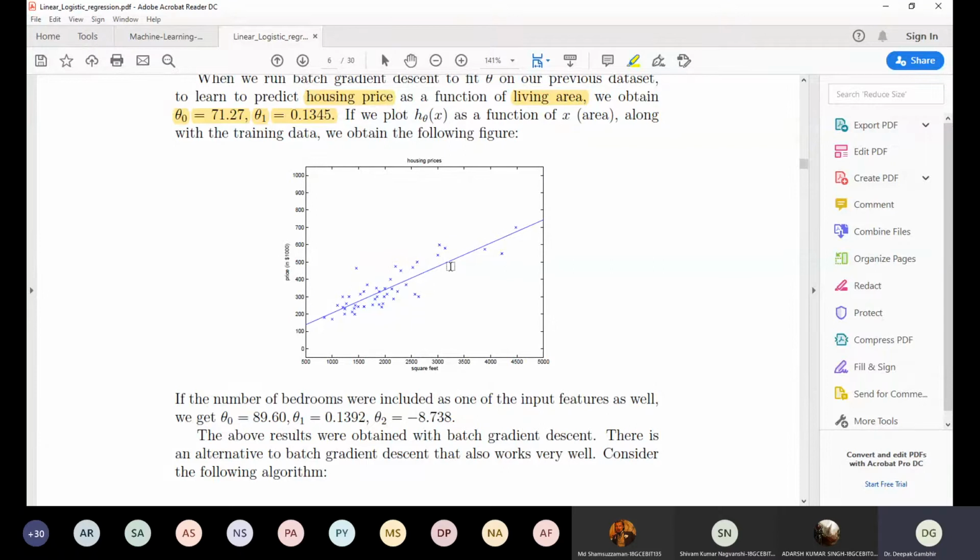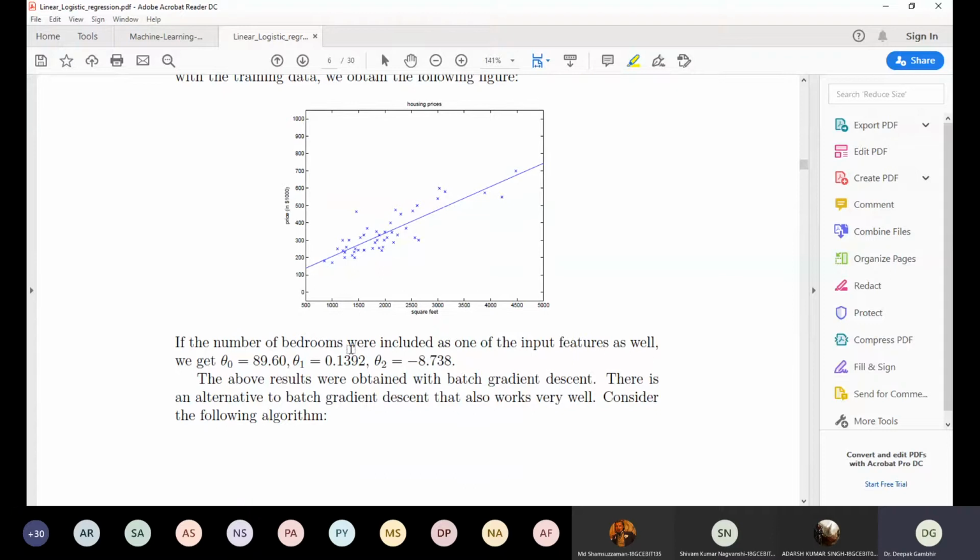Since it is a linear line, linear regression we are doing, we can extend this for more input features. When the input features increase, the number of parameters also keeps on increasing. So we added one more feature, the number of bedrooms.